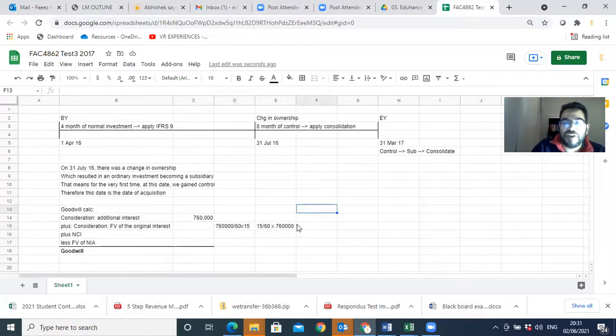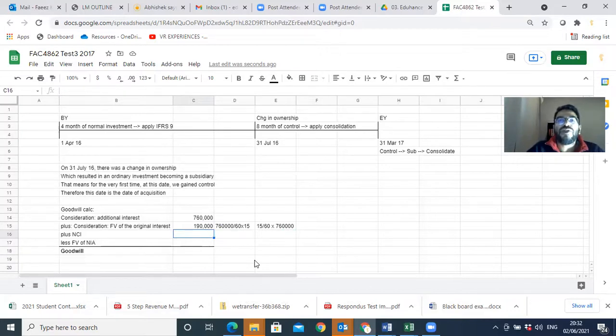So in a better mathematical way, we'll say 15 divided by 60 times 760. Therefore, the fair value of the original interest is equal to 760,123 times 15 divided by 60. So the fair value is 190.